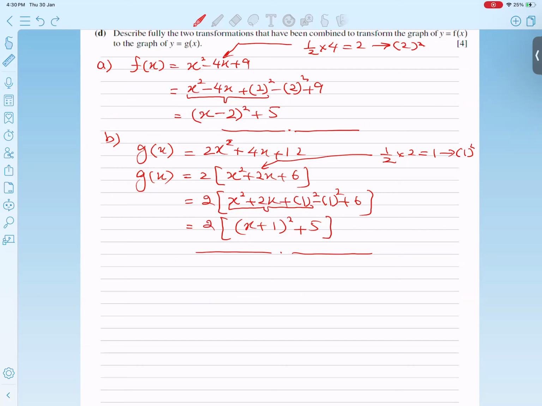Let me tell you one thing. Whenever you do translation along the x-axis, right or left, what is the basic criterion? This negative sign is fixed. For example, if I go 2 to the right side, I say x minus 2. If I go 3 to the left side, I write x plus 3.